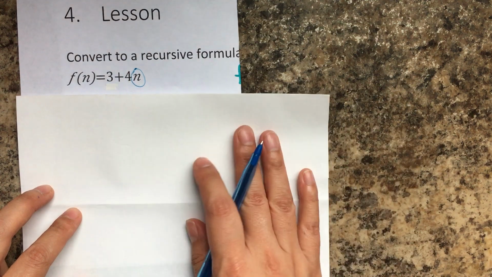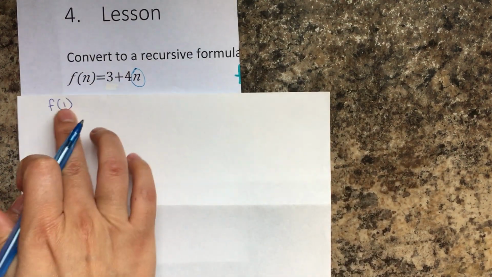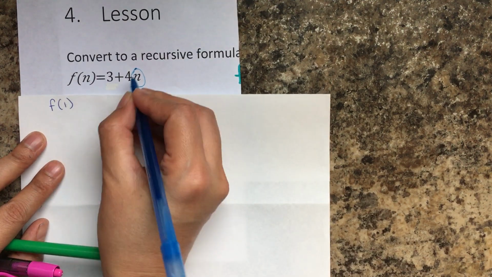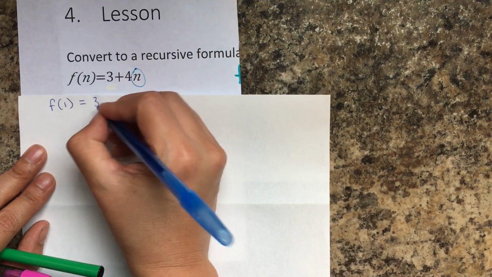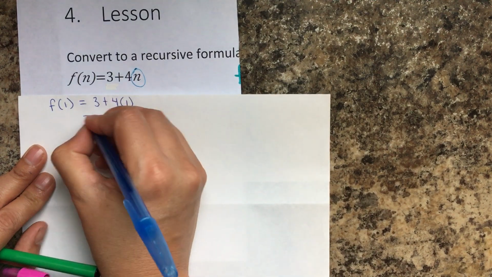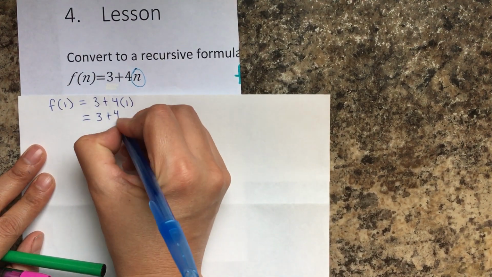So guess what we're going to have to do? We're going to have to find f of 1, meaning that that's going to give us our initial point. So we were basically replacing n with 1. So f of 1 is equal to 3 plus 4 times 1. So it's 3 plus 4 times 1 is 4.